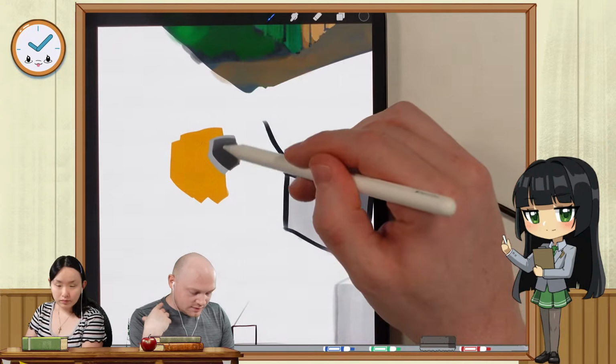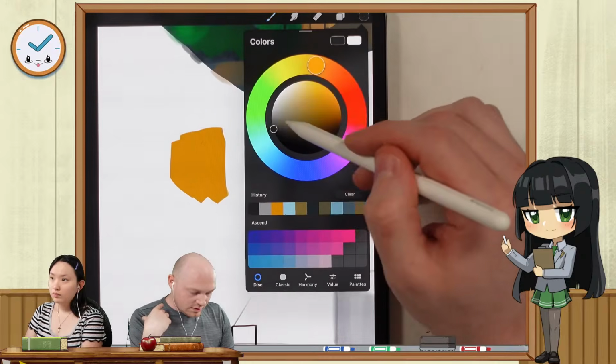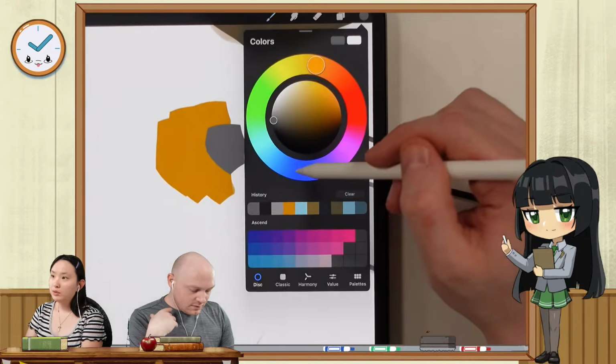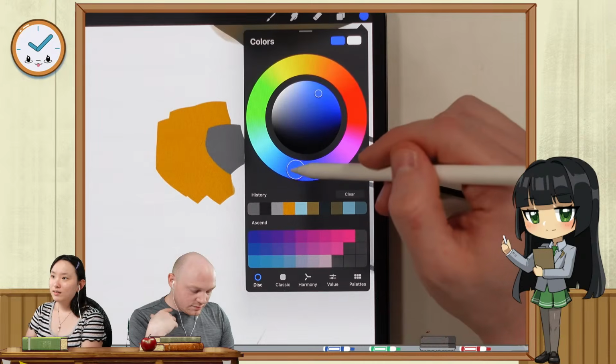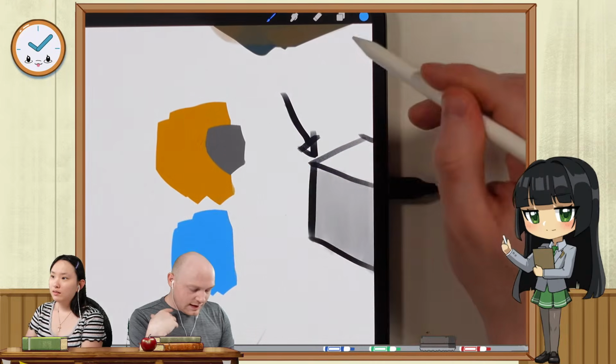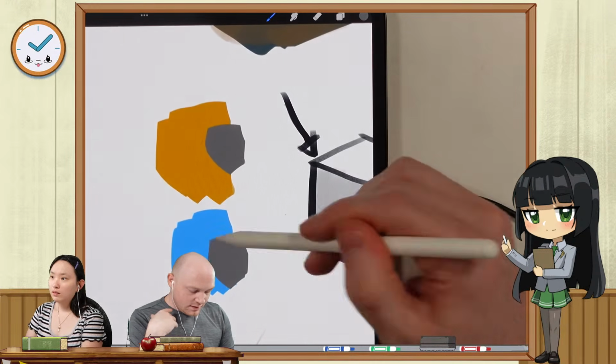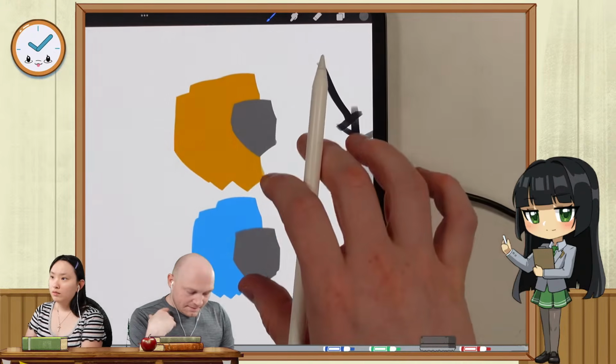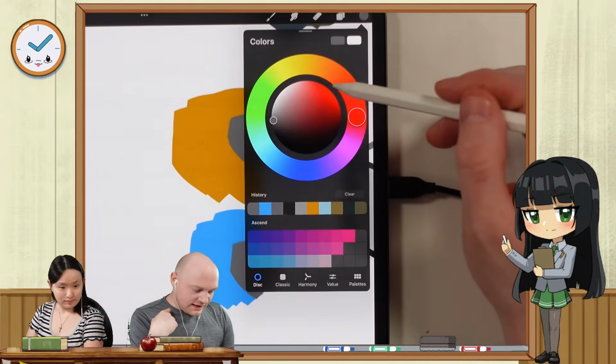I'll make it darker so we can see it. All right. It almost looks blue. But if I choose a blue and I put a gray next to it, that gray is warmer than the blue. And so it's really interesting.